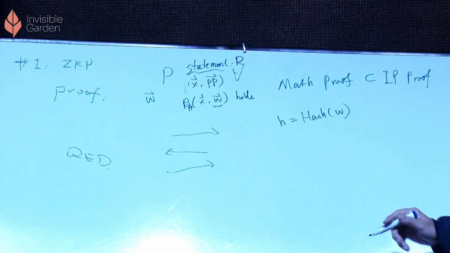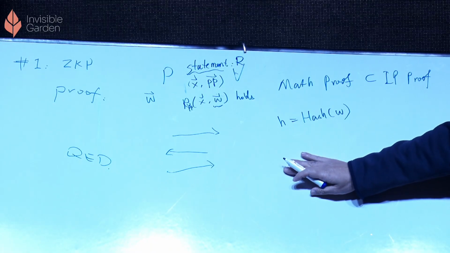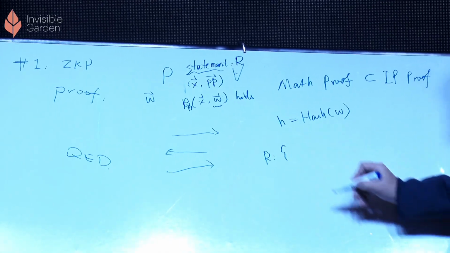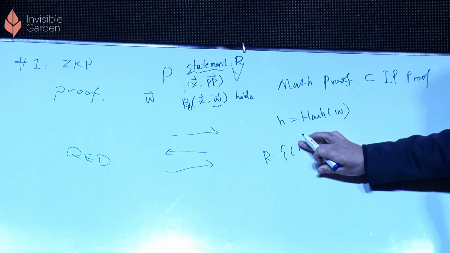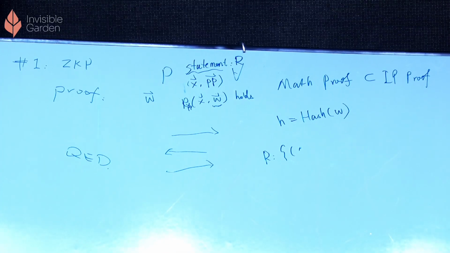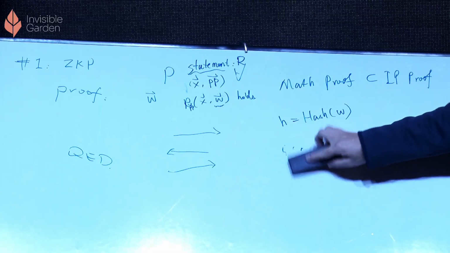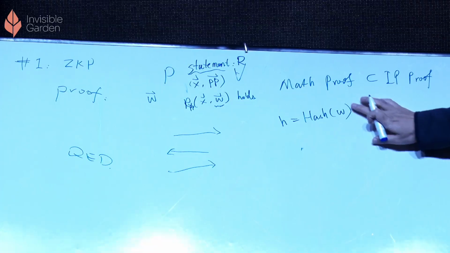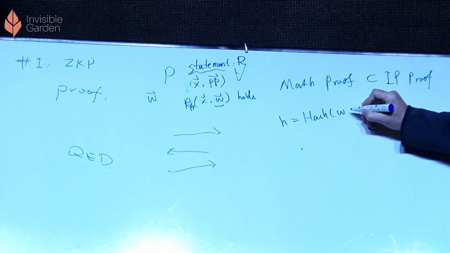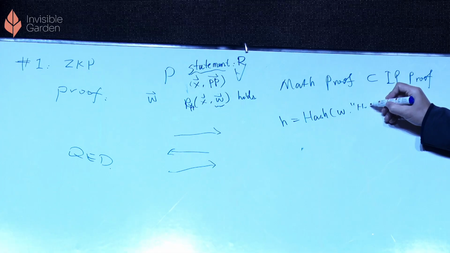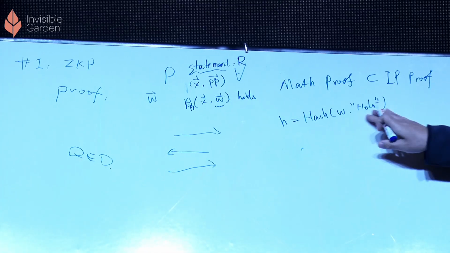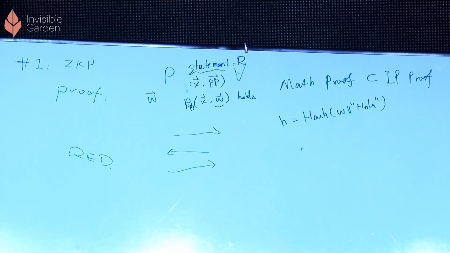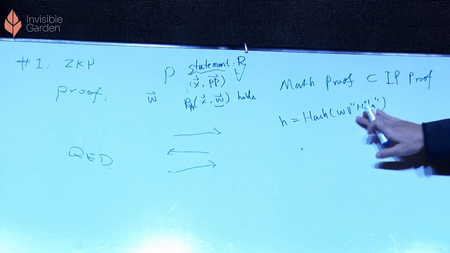In this example, what is the statement? A statement is like R. What is the public input? In this example, the public input is kind of empty, but probably we can put a public string here to hash together, a concatenation.